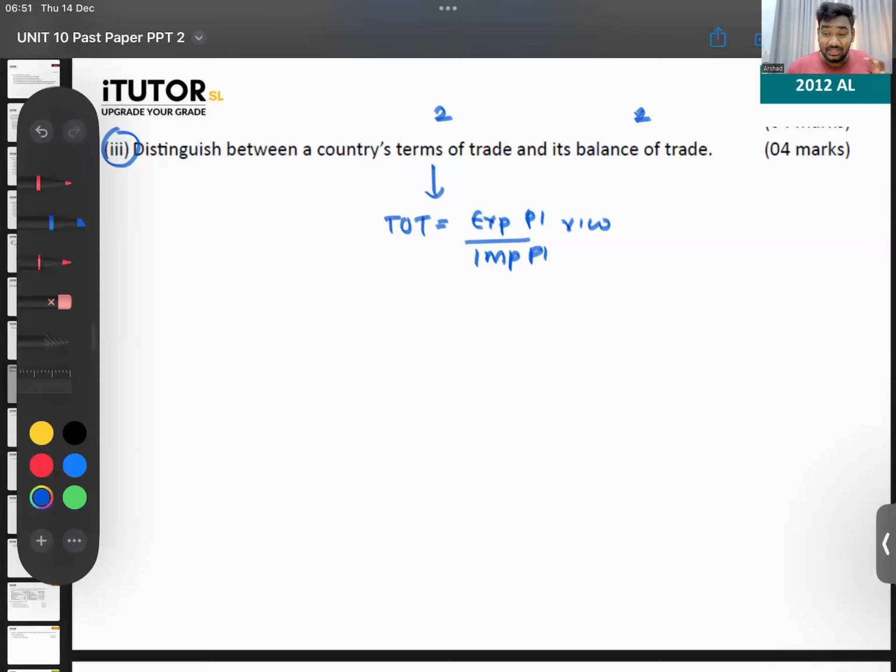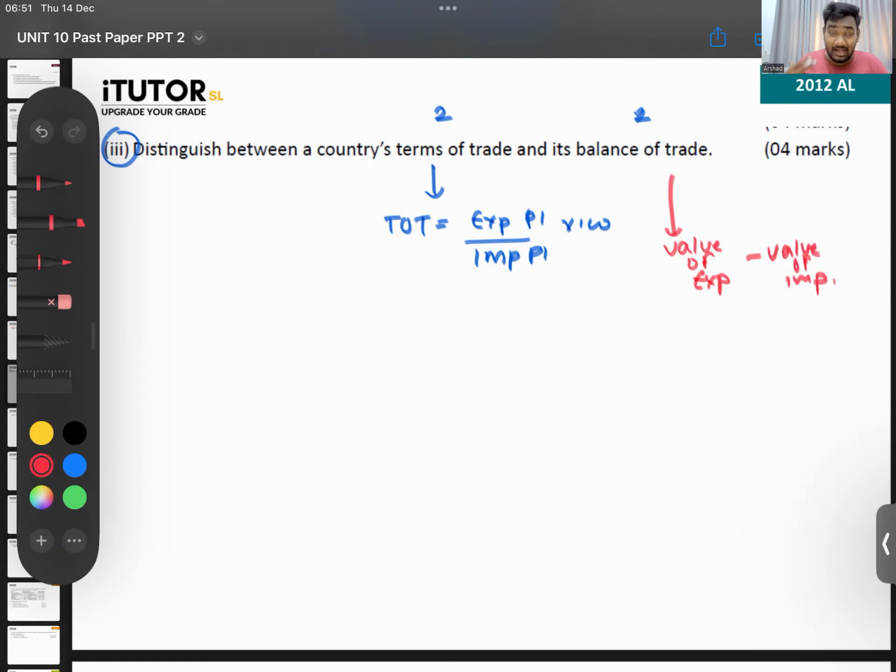It doesn't take into consideration the value or the quantity. Then what is balance of trade? Balance of trade is the difference between the value of your merchandise exports, we say tangible exports, minus the value of your imports. That's how you calculate your balance of trade.